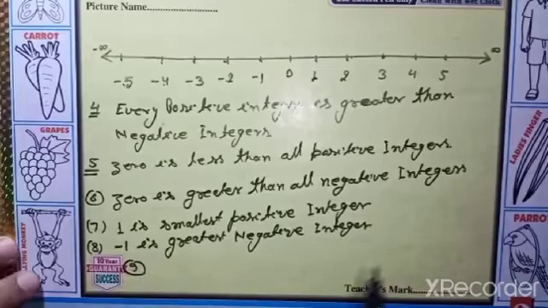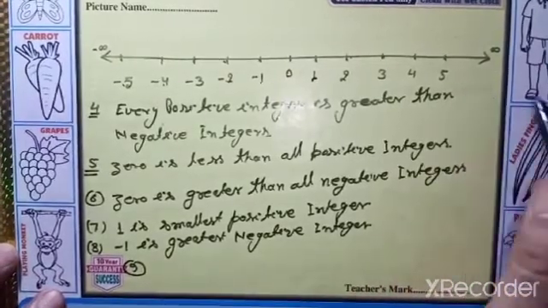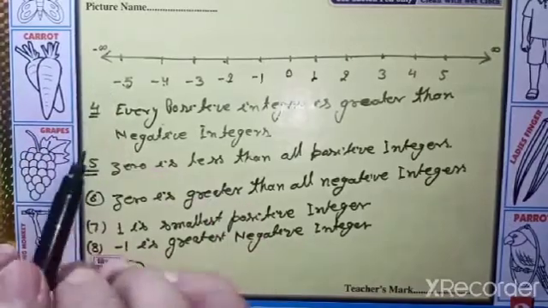Ninth, we cannot find the greatest positive integer, and we cannot find the smallest negative integer.